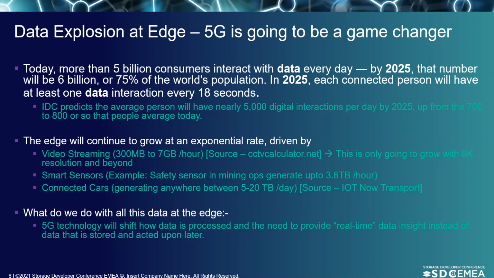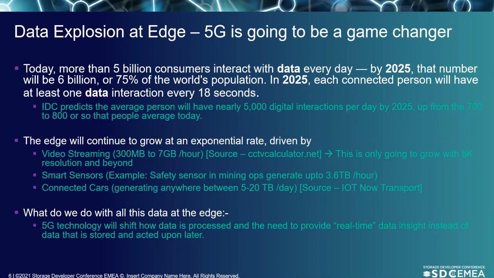The smart sensors generate about 3.6 terabytes per hour, and more smart sensors will be needed to achieve that autonomous factory environment. With millisecond latencies this is possible, because 5G is going to provide ultra reliable low latency deployment models that are not possible today.